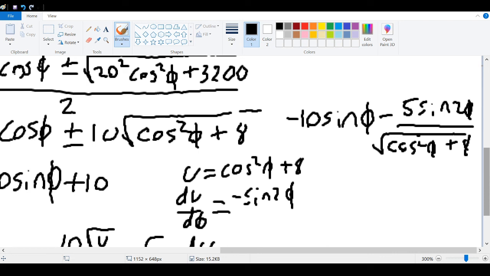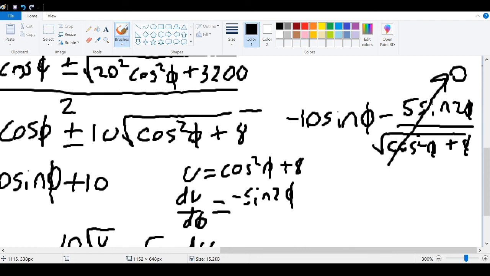When we do that, our sine 2 phi becomes 0, because when phi is equal to pi over 2, sine of 2 times pi over 2 is sine of pi, and sine of pi is 0. So this entire term goes to 0 when we plug in pi over 2.